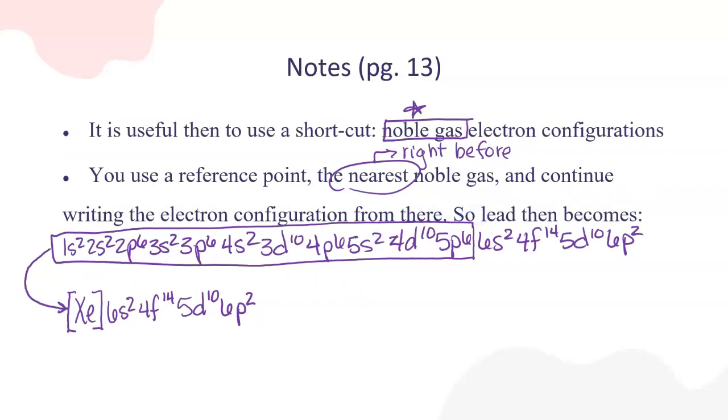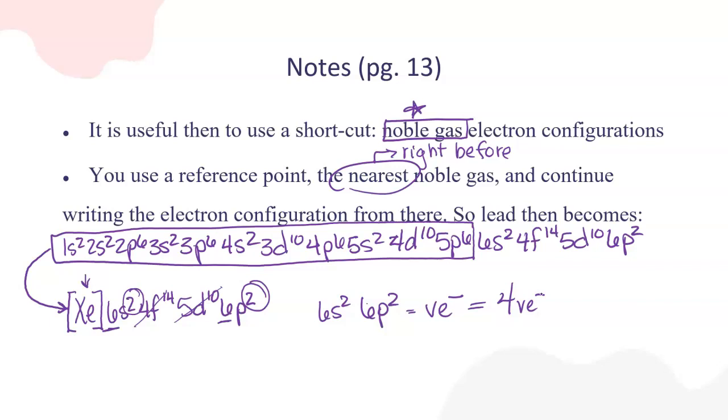In lead, the 6 is the highest number, because all of the ones for xenon are less than 6, and those don't count. So the 6s2 and the 6p2 are the valence electrons.